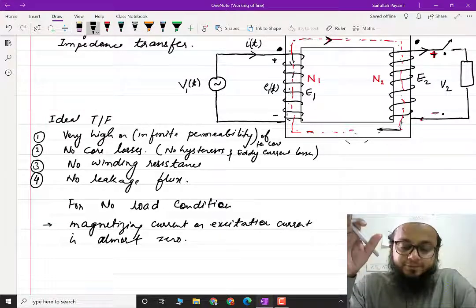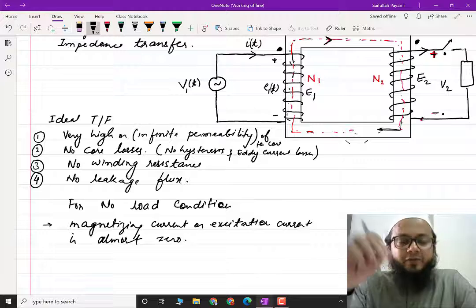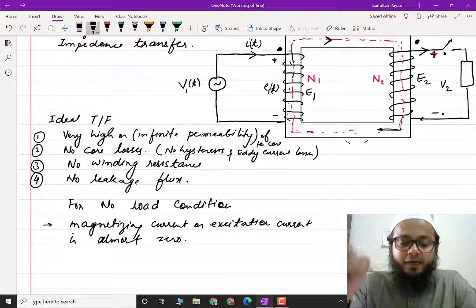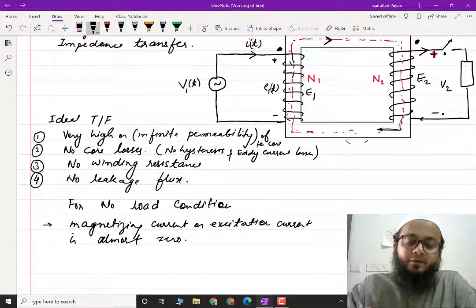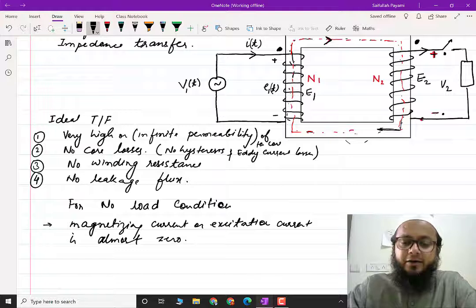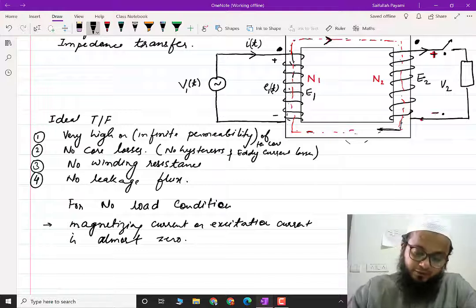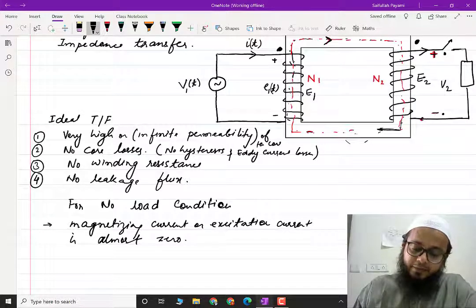But what I'm saying is, whatever flux I want, the moment I have given a voltage there, with minimal current or almost 0 current, that flux would be produced in the core. So the magnetizing current or excitation current is almost 0, and core losses are also not there.